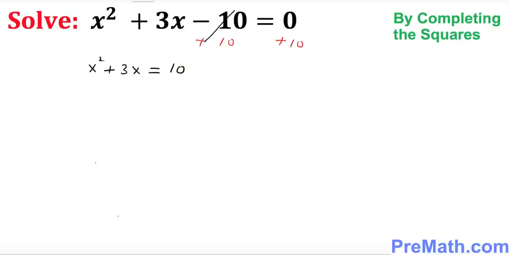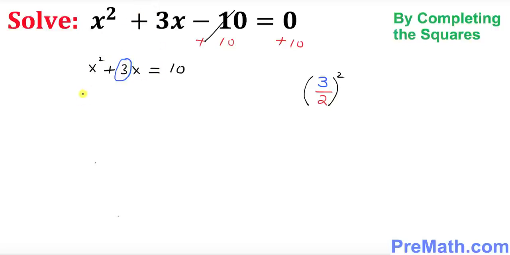So the next step, what we're going to do is focus on the coefficient of x, the middle part over here. 3. Don't worry about this sign, just 3. I want you to write it right up here, then divide it by 2, and then finally square it. Whatever quantity I get, we're going to add on both sides of this equation.